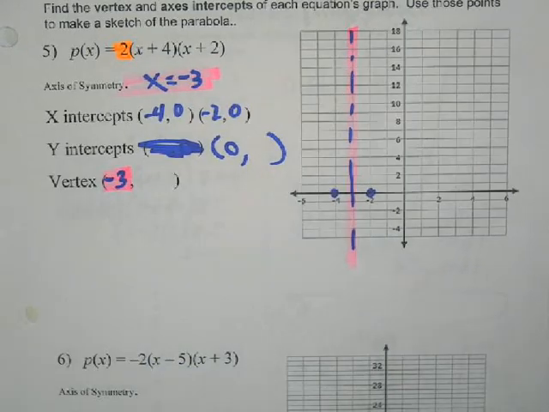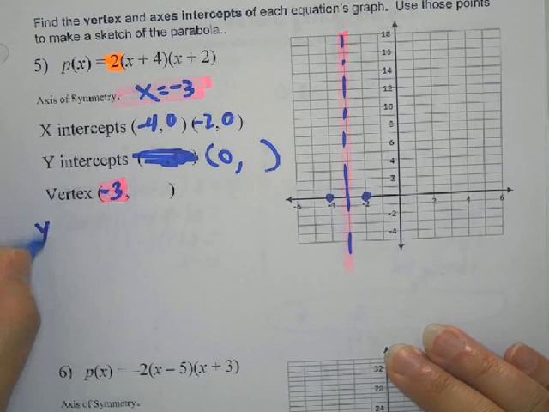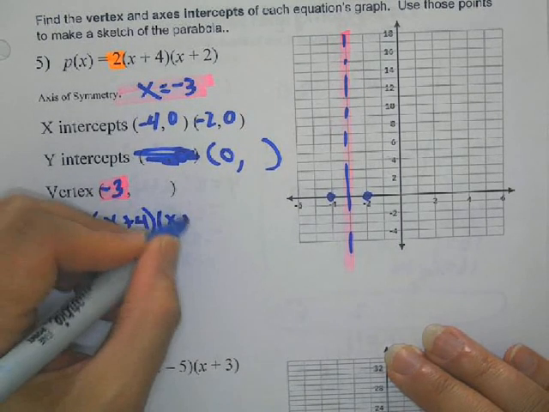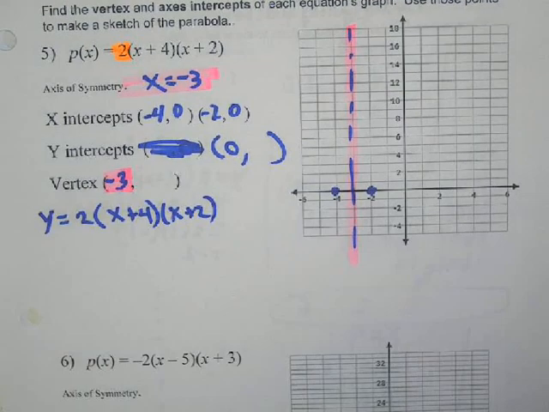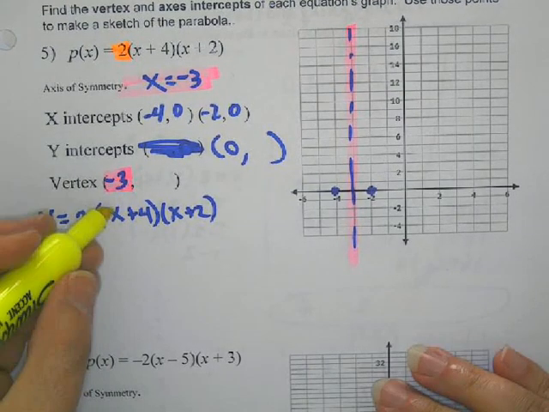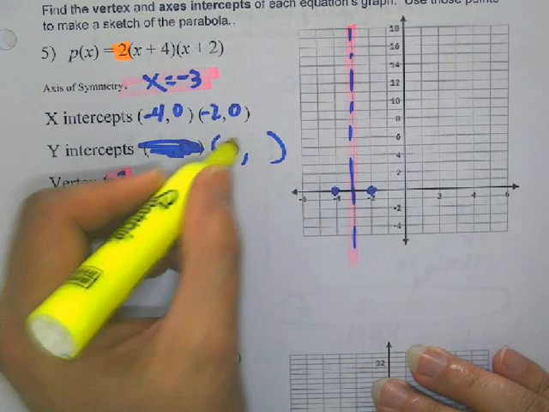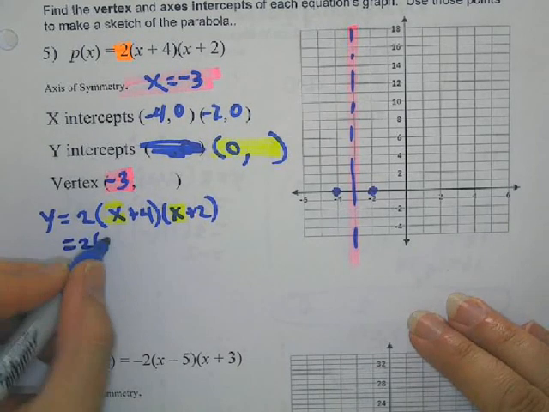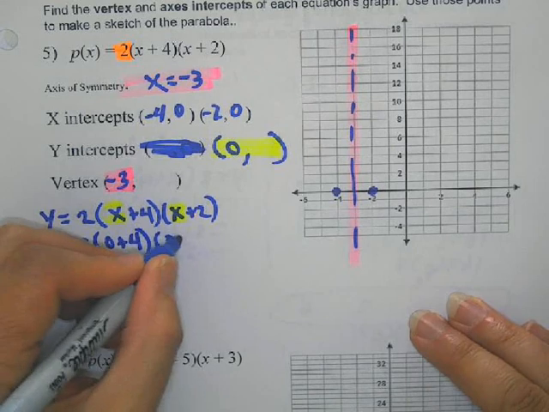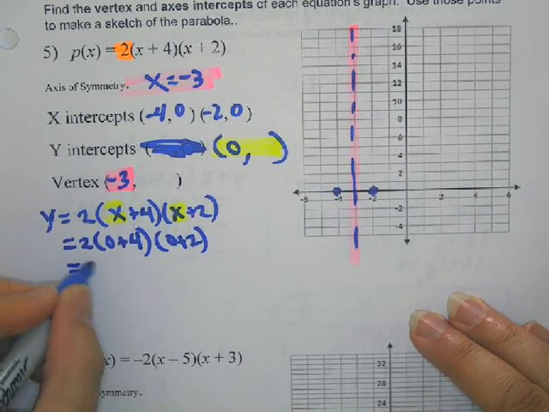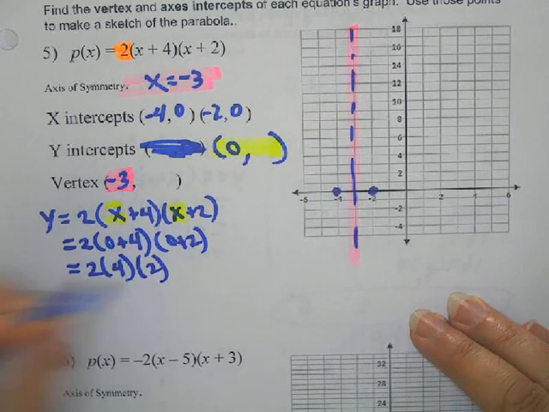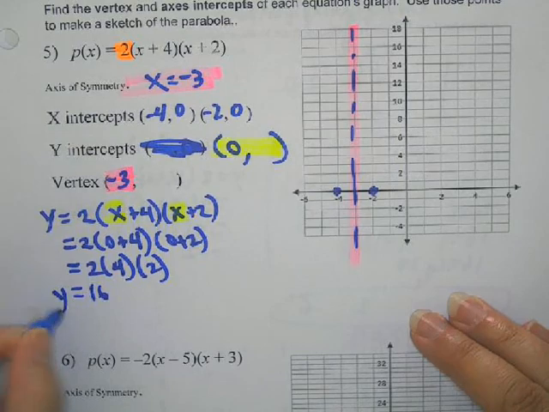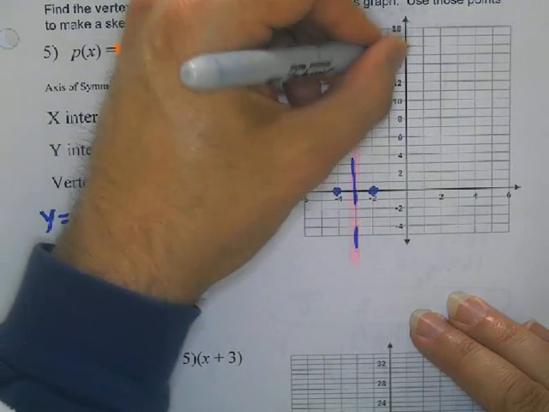So if I've got y equals 2 times x plus 4 times x plus 2, okay, so if I'm going to replace x with 0, then we're going to figure out the y value. So we're going to have 2 times 0 plus 4 and 0 plus 2. So we're going to have 2 times 4 times 2, and that's going to get us 2 times 4 is 8, and 8 times 2 is 16. So this value here is going to be 16. The y-intercept is 16. Okay.